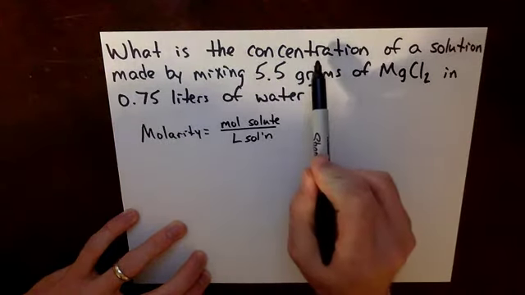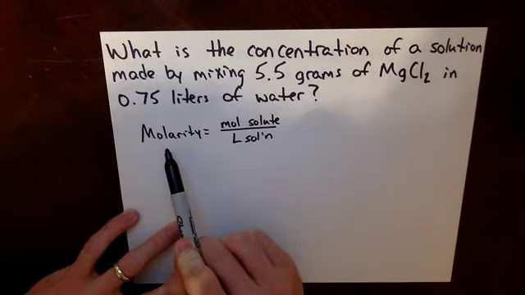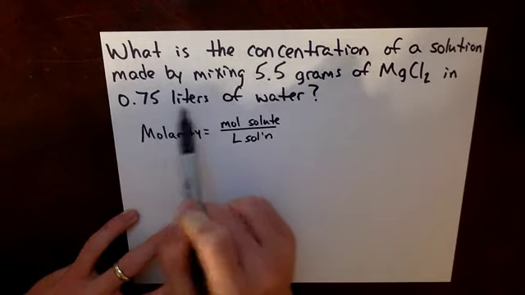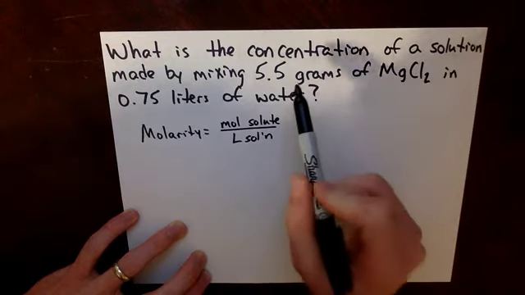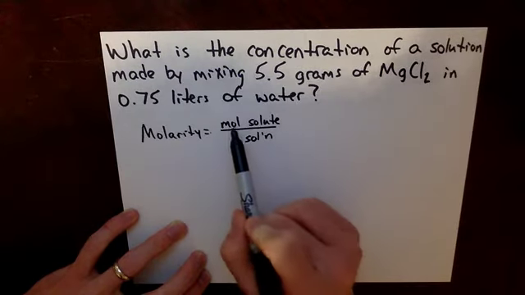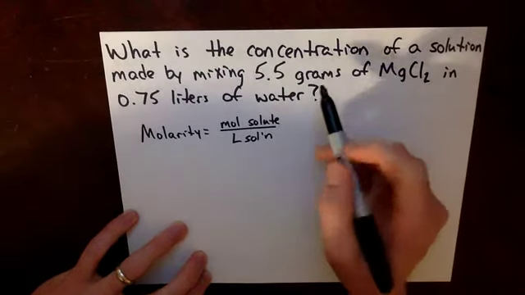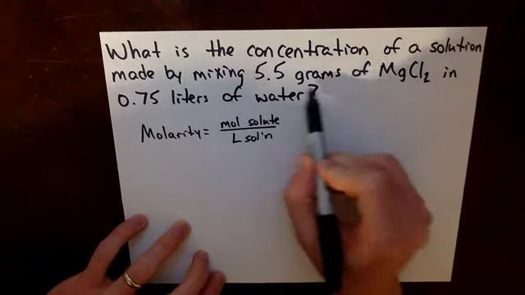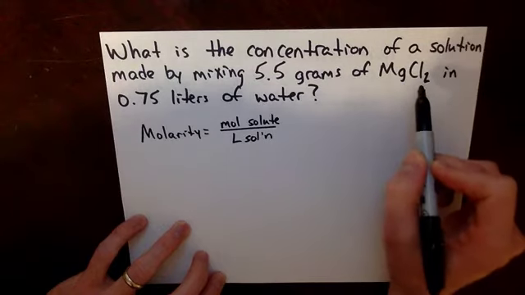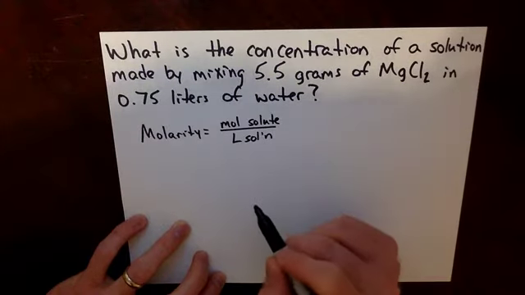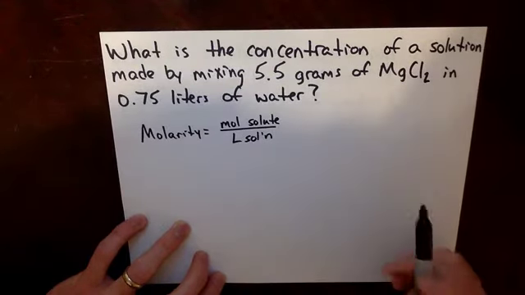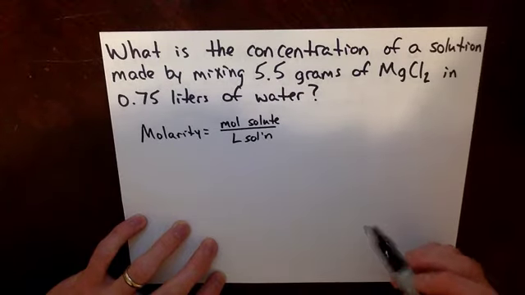It's in 0.75 liters, so that's our denominator. But the problem here with the numerator is we need moles of solute, and we were given grams of solute. So we have to first convert this 5.5 grams of MgCl2 to moles of MgCl2. And to do that, we need the molar mass.